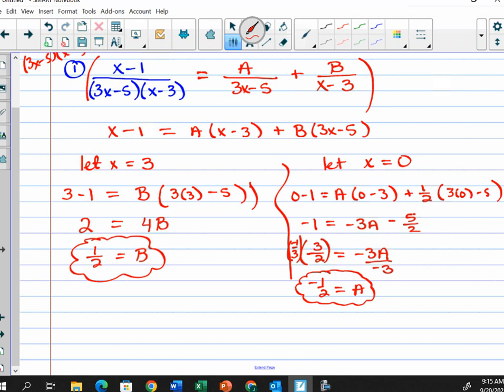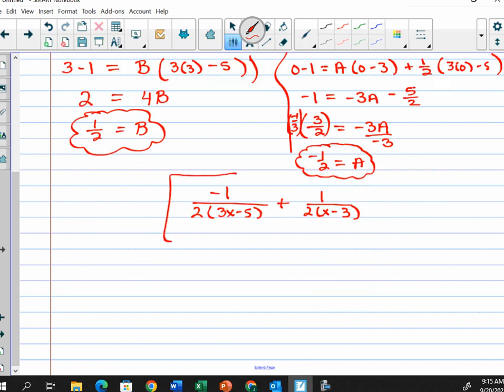So what it ends up being is -1 over 2 times 3x minus 5 plus 1 over 2 times x minus 3. And you don't have to multiply it out. You can just leave it. But do you guys see where I plugged it in? What you picked as your A and B initially is where you have to plug it in.